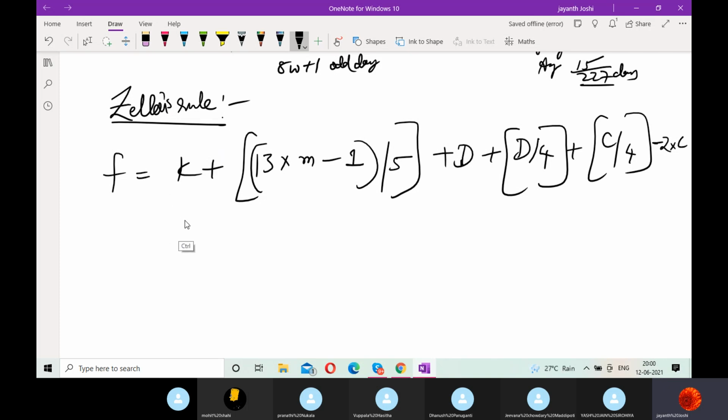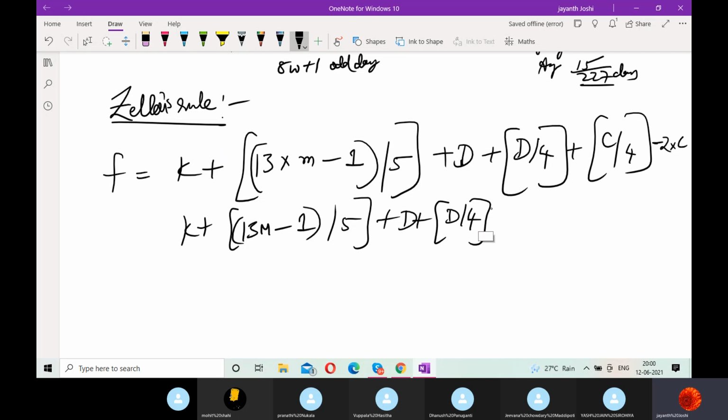So I can directly write this: K plus 13(M minus 1) divided by 5 plus D plus D by 4 plus C by 4 minus 2C. Okay, so now in this formula, what you should remember is an important concept.